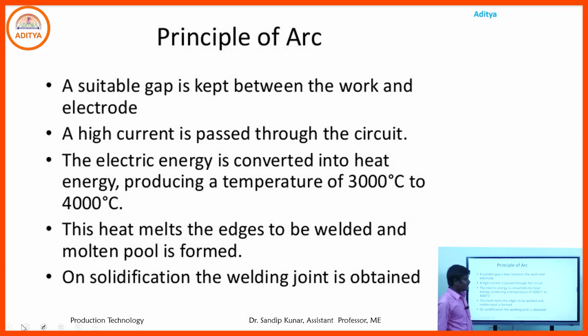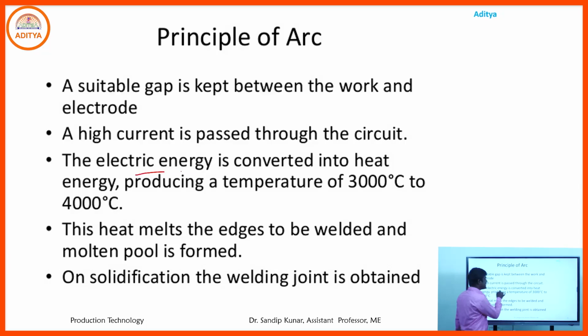What is the principle of the arc? A suitable gap is maintained between the work and the metal. Then we provide current from the welding power supply system to that particular circuit.